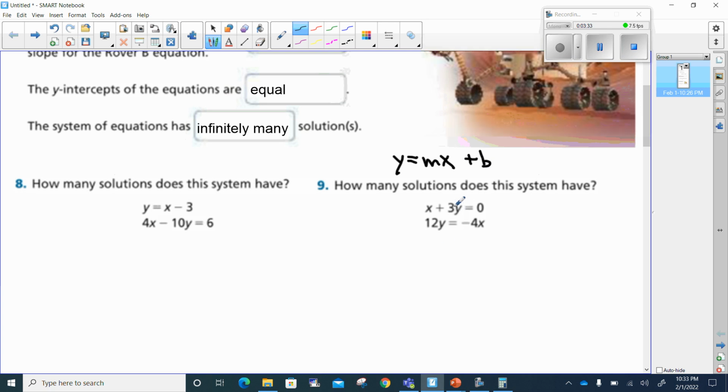We're going to keep the 3y on this side. We're going to move this x over here, but remember, to get rid of a positive x, we have to subtract x from it. And whatever I subtract from one side, I subtract from the other. So that means on this side will be a negative x.